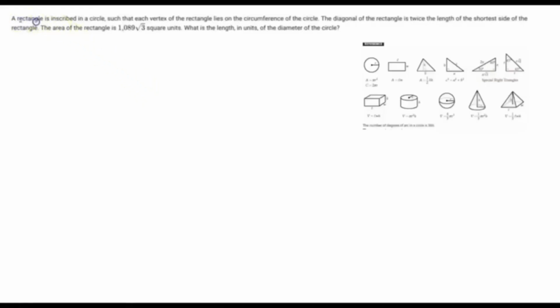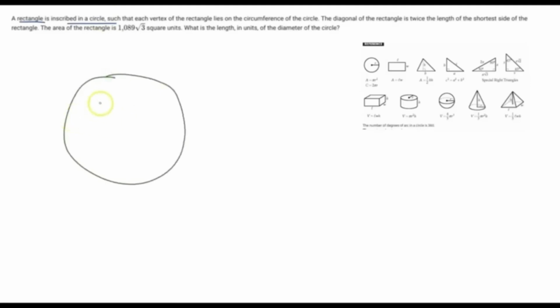So it says a rectangle is inscribed in a circle such that the vertex of the rectangle lies on the circumference of the circle. All right, first let's just draw this out, right? So the first thing you have to do with these geometry problems is interpret them. There's all this weird wording, but as long as you take it step by step, word by word, you'll be fine. So the rectangle is inscribed inside of a circle.